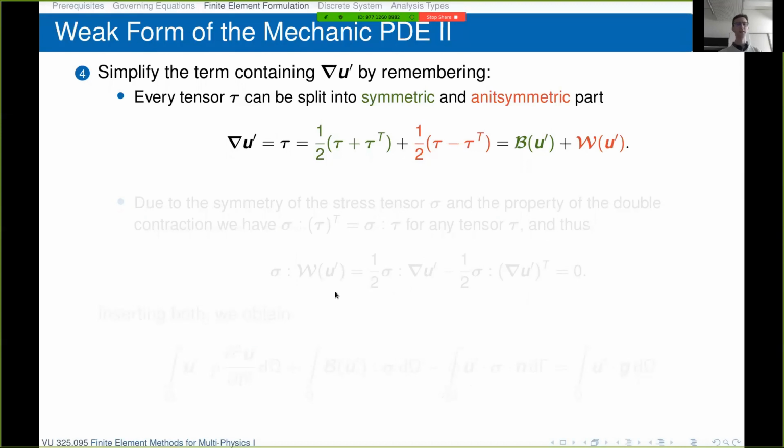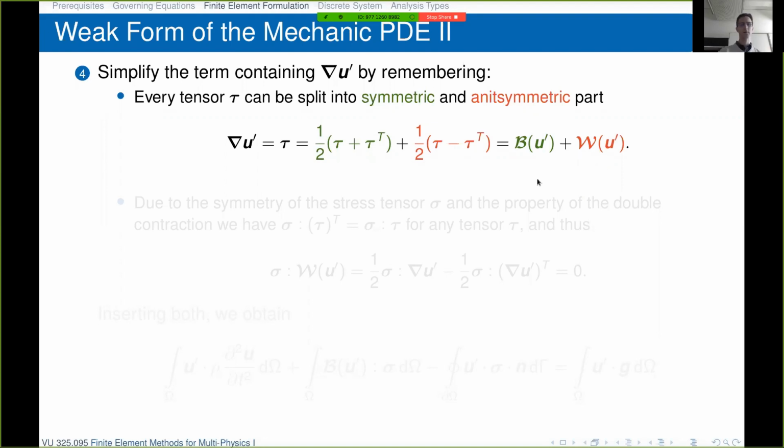And the rule is given here. If we know tau, we split it in the symmetric part, this is tau plus tau transposed, or 1/2 of this. And the antisymmetric part is tau minus tau transposed. And again, we take 1/2. So we can recognize the first form is actually our B operator, and the second form, the skew symmetric part, we call W of u prime.